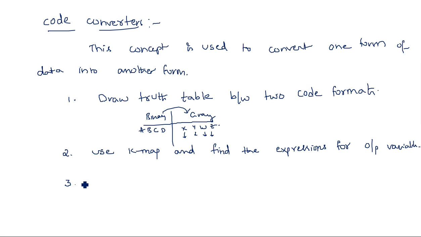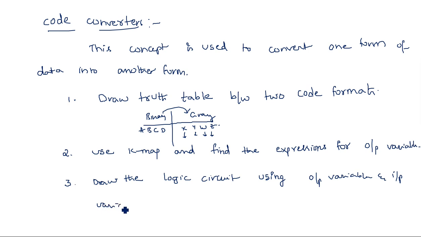And the third step is, once you are able to find the equations, the next step is to draw the circuit diagram. So draw the logic circuit using output and input variables.